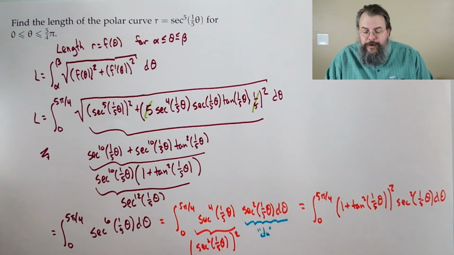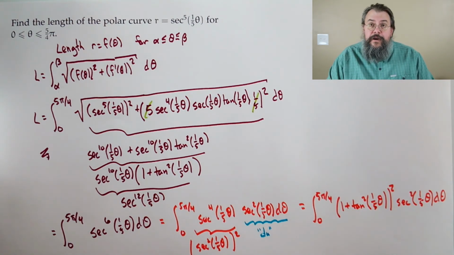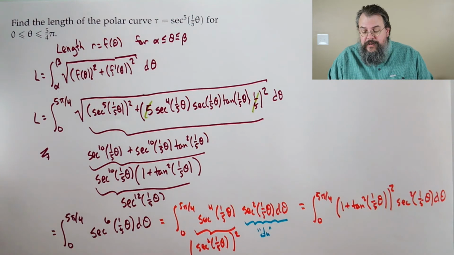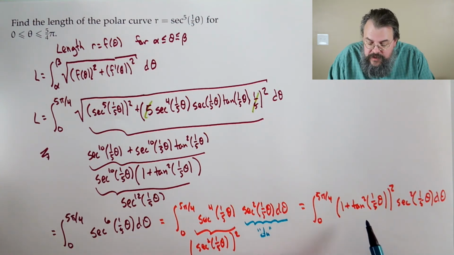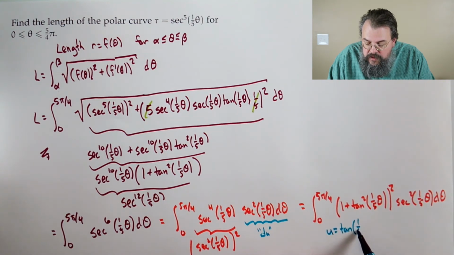Okay. Well, time for us to do our substitution, clean things up, and hopefully it'll become pretty nice. So our inside function, the substitution we're making, is u is tangent 1/5 theta.